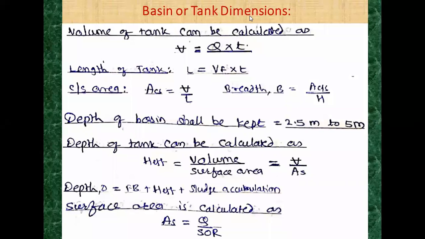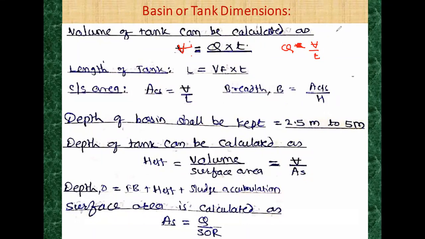I will repeat this once again so that you get a clearer idea. Volume of tank can be calculated using the formula, where V is volume. We know the equation for discharge. In our lab also we found the actual discharge using the same formula, volume upon time.